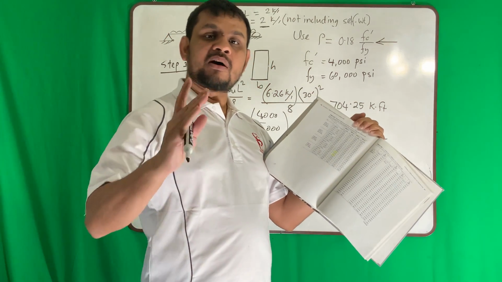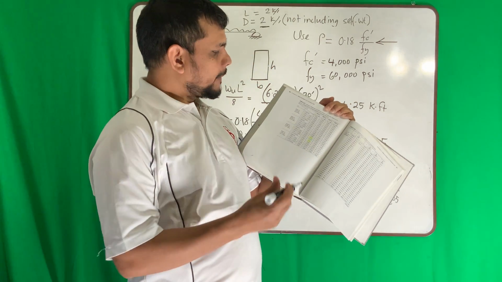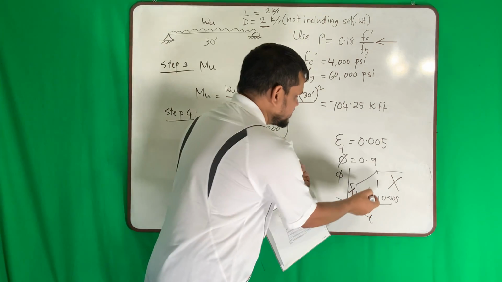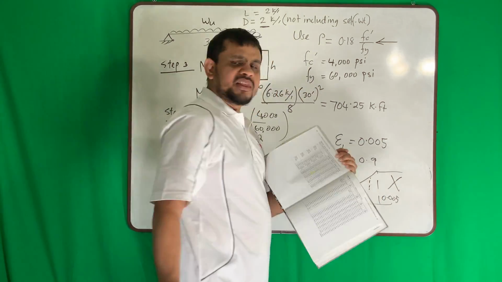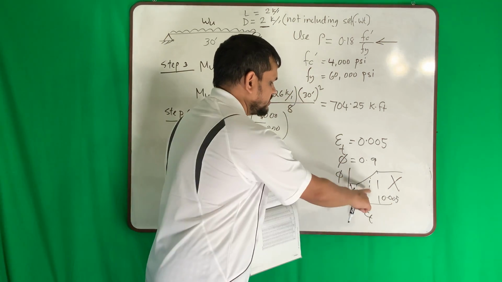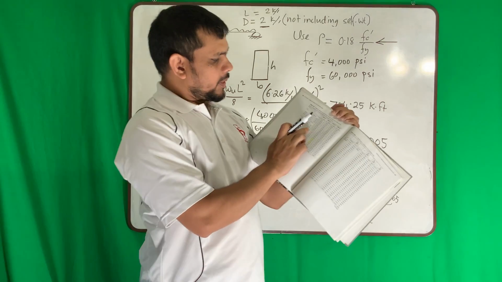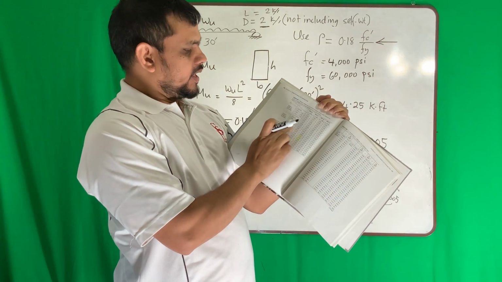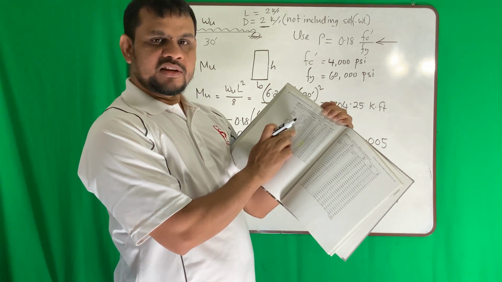But it is a boundary. You should not go there. Then rho when epsilon T is 0.004, which means somewhere here. Many designers say if you cannot maintain 0.005, 0.004 is also okay. Then rho when epsilon T is 0.005. Then rho minimum for flexure.